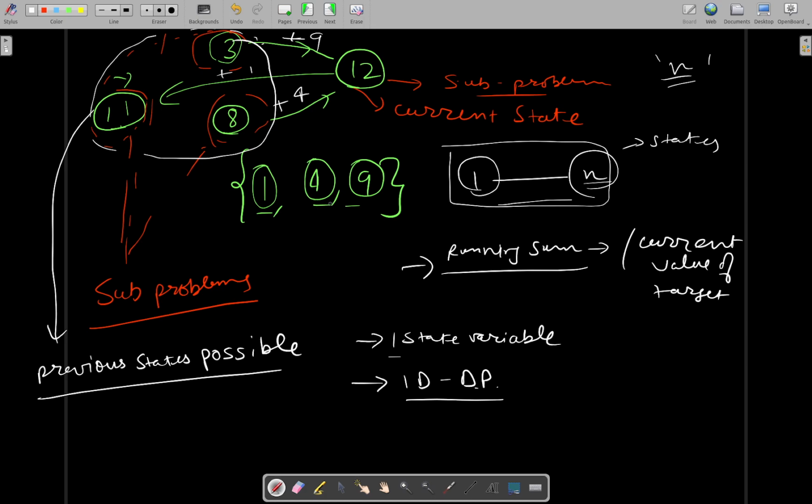So if you know the answer for 8, then it will be answer for 8 plus 1. Okay, similarly if you know the answer for 11, then it will be answer for 11 plus 1. Here also it will be answer for 3 plus 1. Okay, so these are the contributions of previous states that are there.